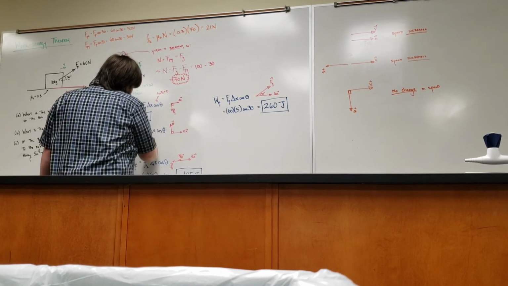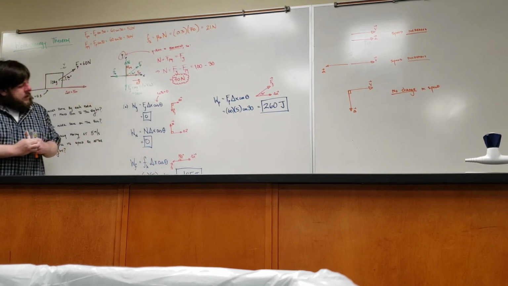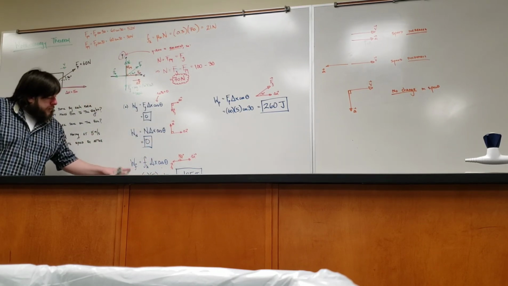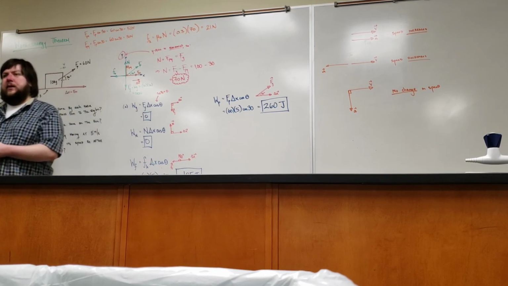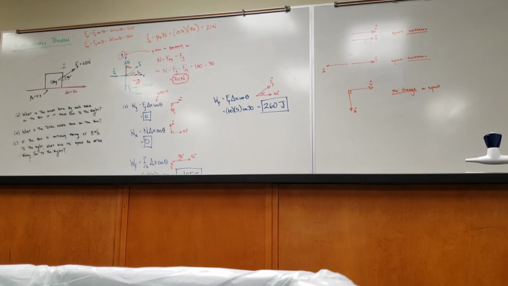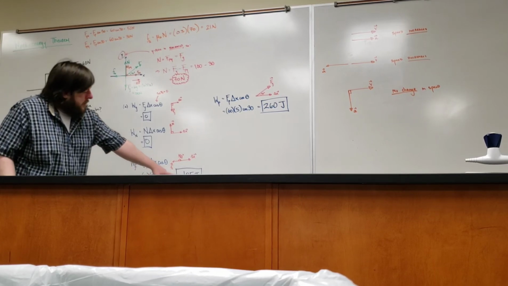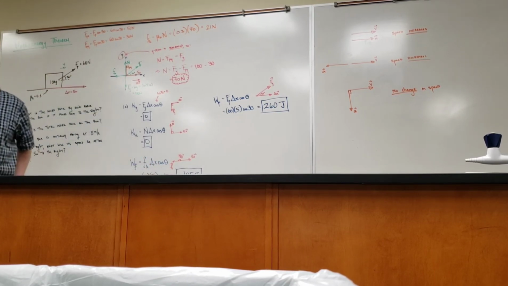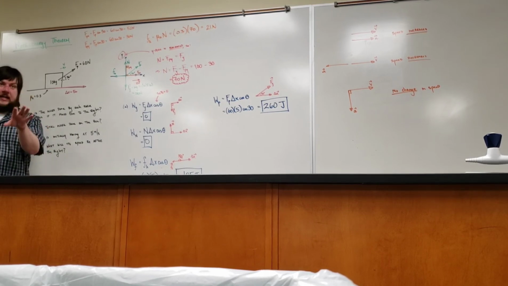Okay. Really quickly, should the work due to friction be negative? Does it make sense that the work due to friction is negative? Why? Because the kinetic friction is going that way, as opposed to the displacement. That's a mathematical explanation, and that's correct.